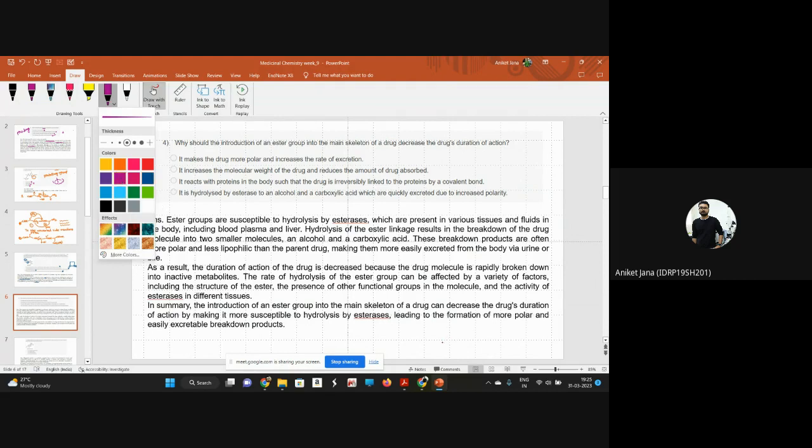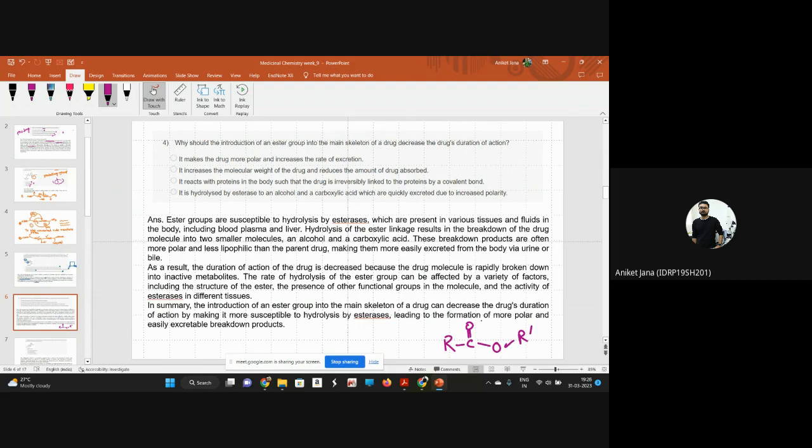This is the derivative of an acid, right? Okay, so yeah, it makes the drug more polar and increases the rate of excretion. So is this possible? The first option.